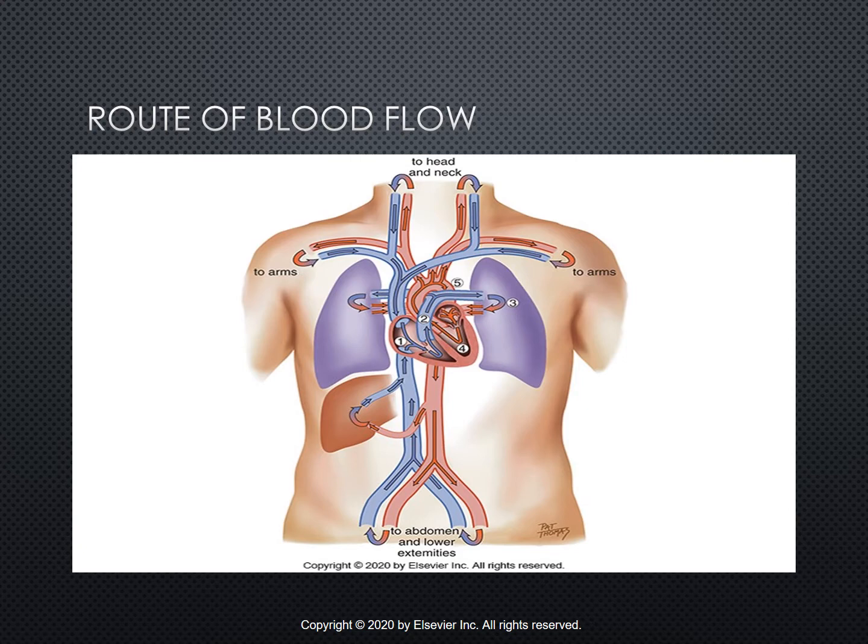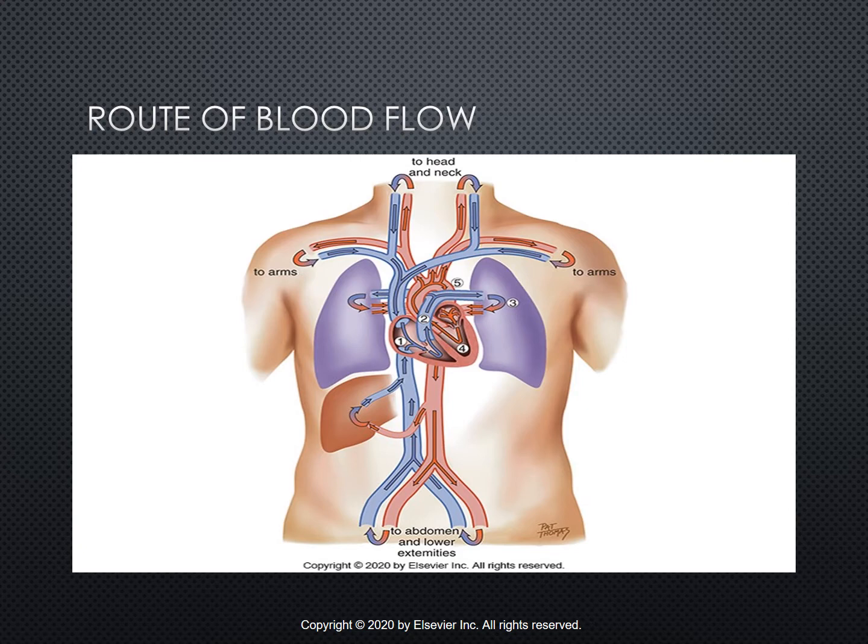So the deoxygenated blood goes into the right atrium, goes through the tricuspid valve or the right AV valve, then the right ventricle will contract and push it into the pulmonic valve. It goes through the pulmonary artery, goes into the lungs. The lung does its thing in there. It gets some oxygen and nutrients in there.